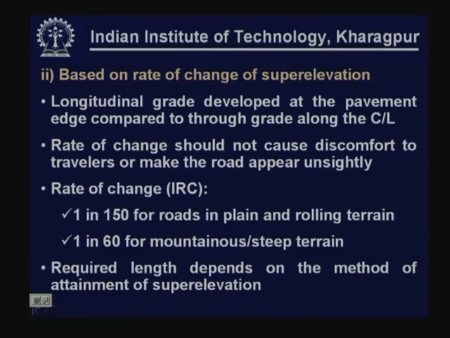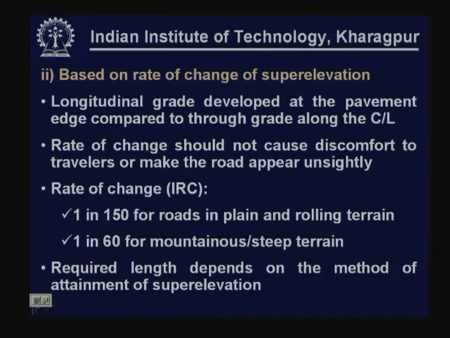Considering this aspect, IRC says that there should be a limit for the rate of change of superelevation. It should not be done at a rate faster than 1 in 150 for roads in plain and rolling terrain, and the limiting value is 1 in 60 for mountainous and steep terrain.